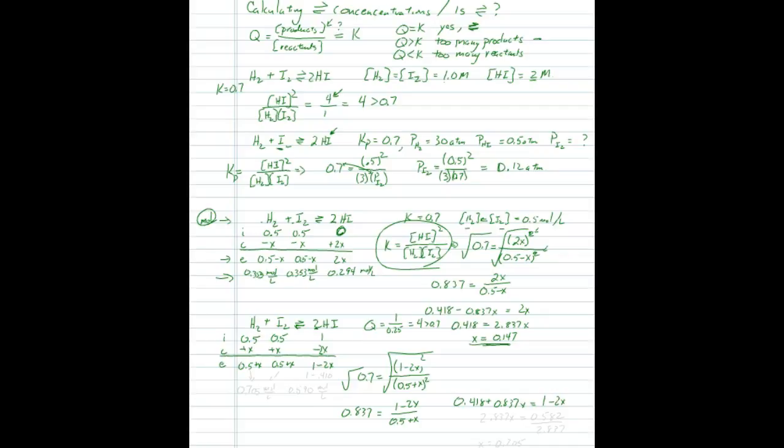Add 2x both sides. 2.837x equals, subtract that, 0.582 and divide by 2.837. X equals 0.205. That's not the answer.